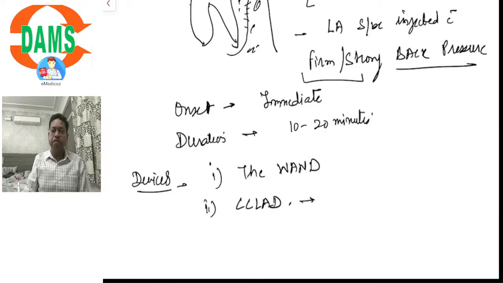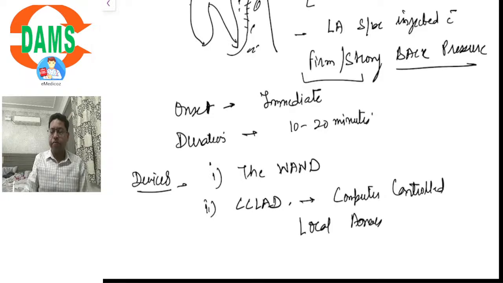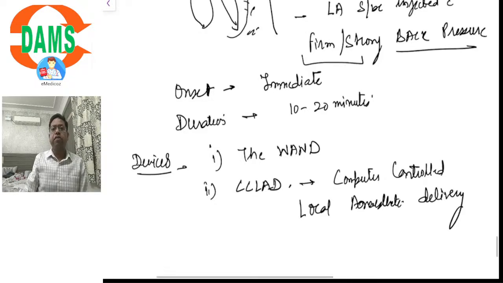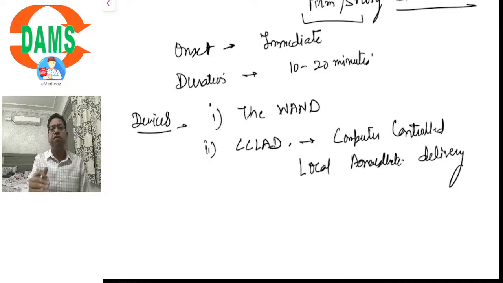CCLAD is the abbreviation for computer controlled local anesthetic delivery system. It is a computer controlled device which delivers local anesthetic at a specified rate, duration, and volume into the PDL. So it is a convenient system, CCLAD, and the Wand. These are commercially available devices for intraligamentary injection.